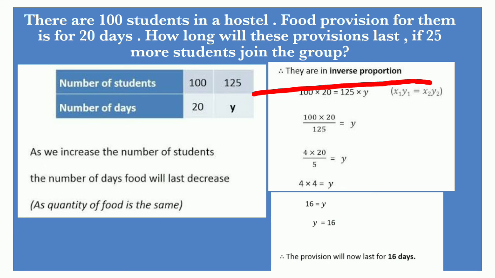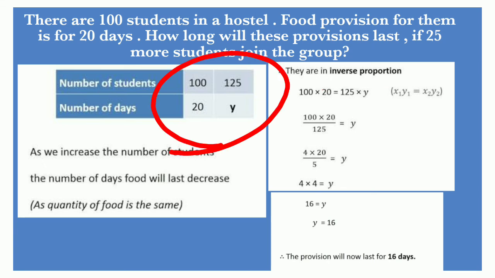Then what are the given measurements? Number of students is 100. So number of days means 20. Okay, 20 days. Then number of students, 25 more. 25 more students join this group, that is 100 plus 25, that is 125. So what is the number of days? That is our question.